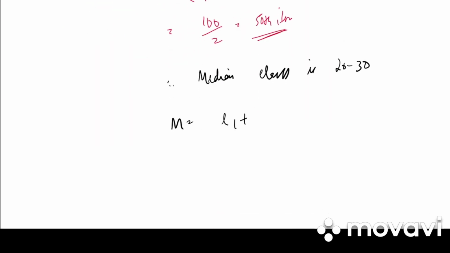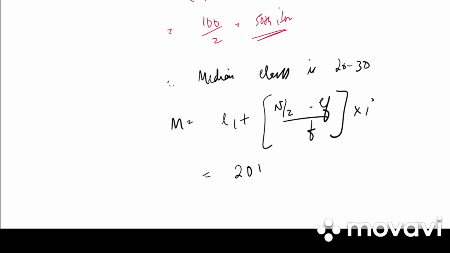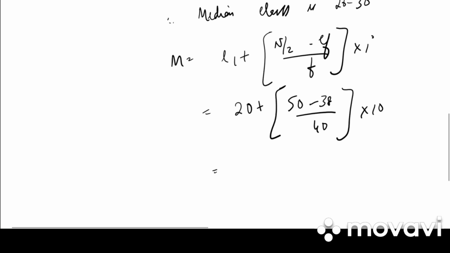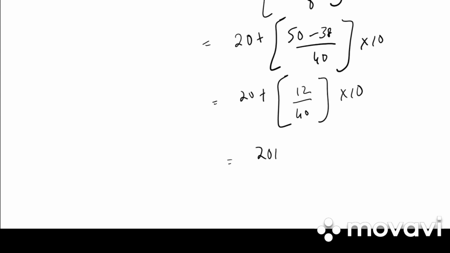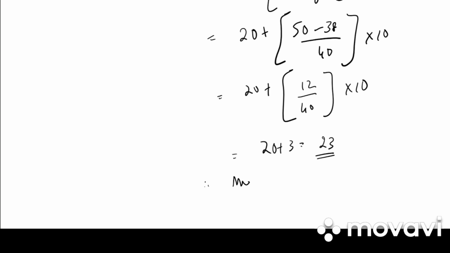M is equal to L1 plus n by 2 minus CF divided by F into I. 20 plus 50 minus 38 divided by 40 into 10. So it is 20 plus 12 divided by 40 into 10. 20 plus 3, that is 23. Therefore median is equal to 23.